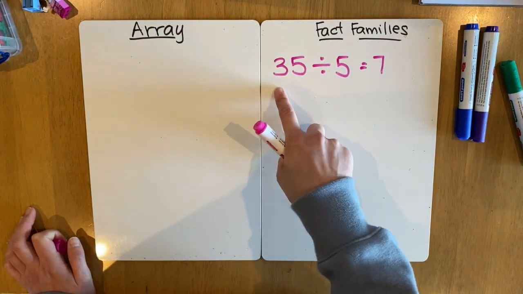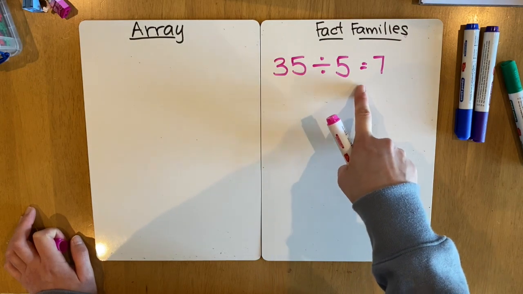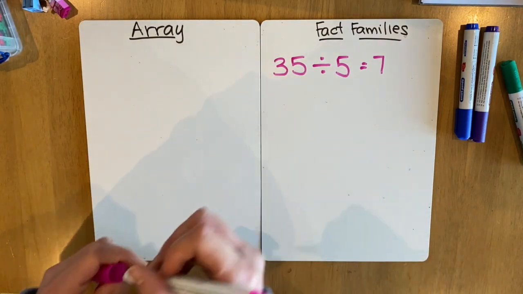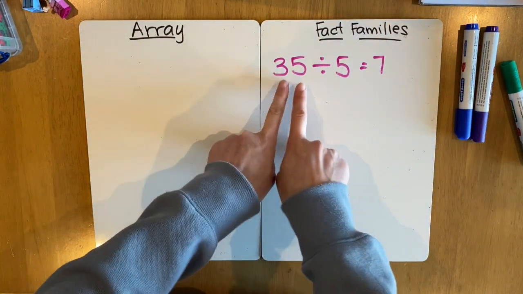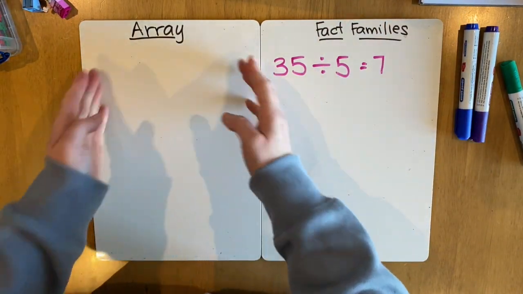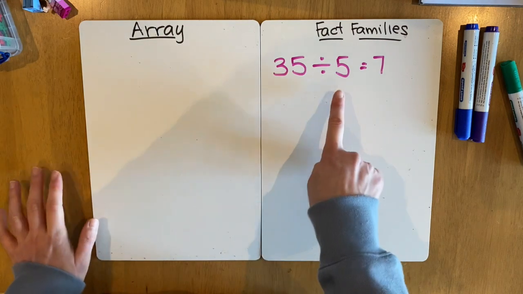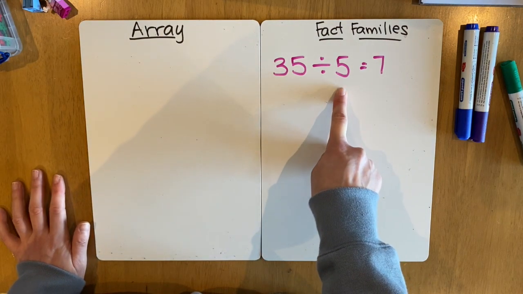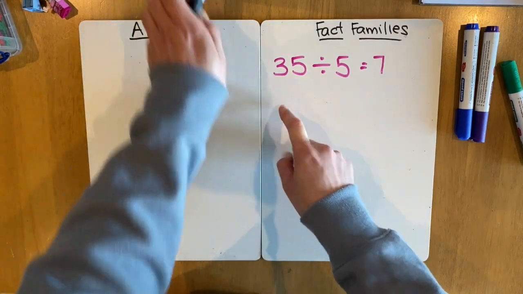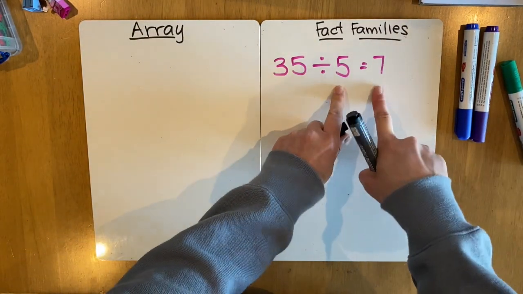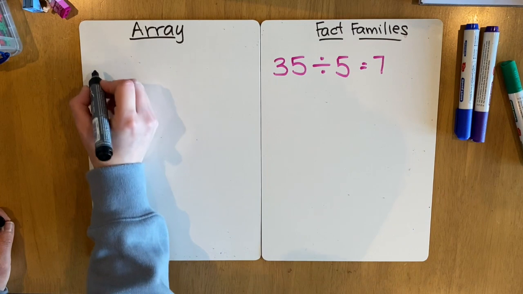So 35 divided by 5 equals 7. So what does this number sentence tell us? It's telling us that we have 35 objects all together. They're in 5 groups and there are 7 in each group. So we're going to make an array with 5 groups and 7 in each group.